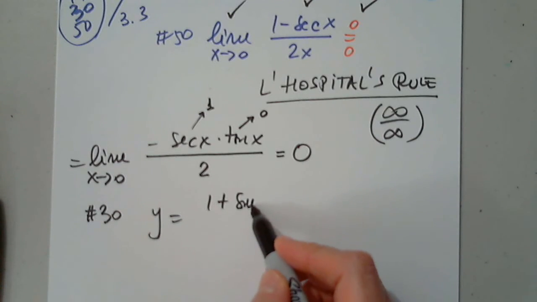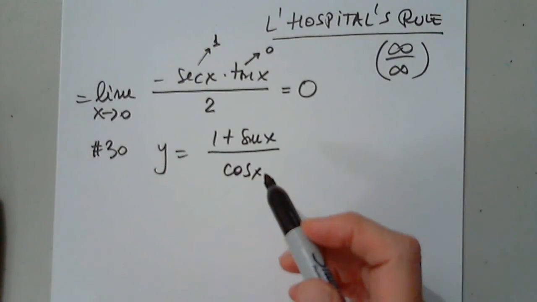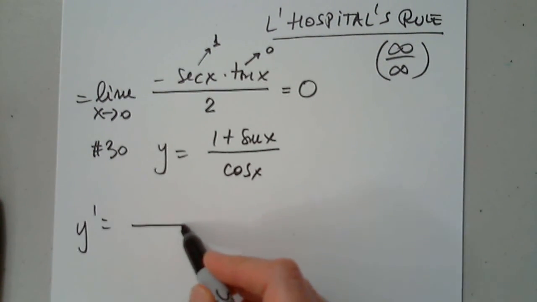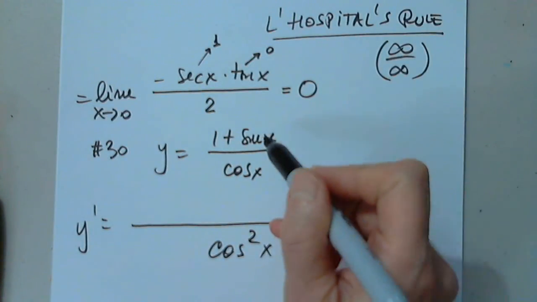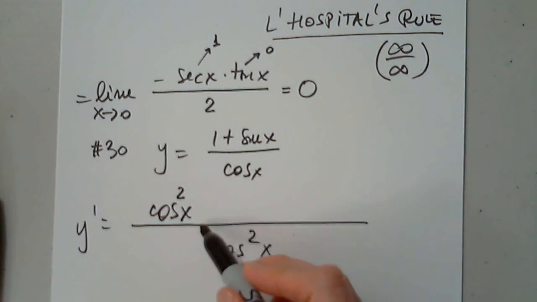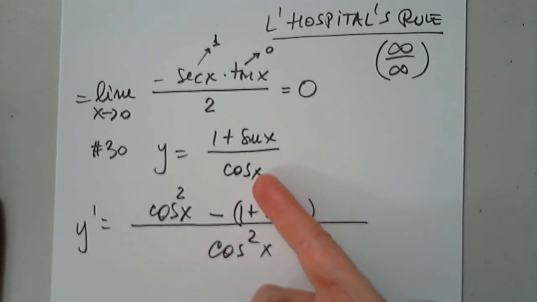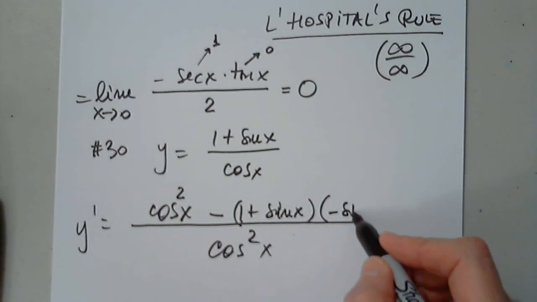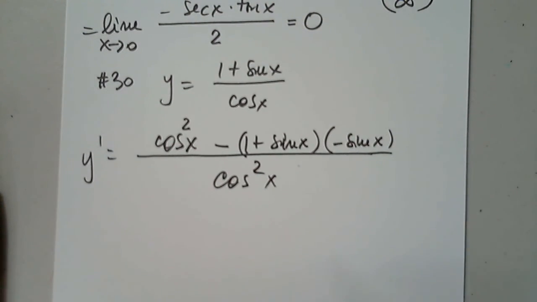Okay, (1 plus sine x) over cosine x. We're asked to differentiate. So remember, this is the quotient rule. So y prime is the top function prime, cosine x, times the denominator, minus the top times the denominator prime. Careful now.